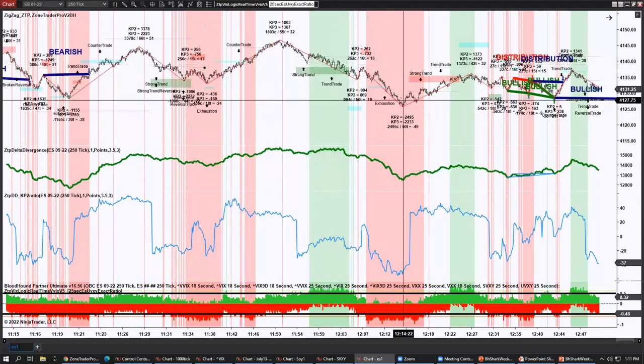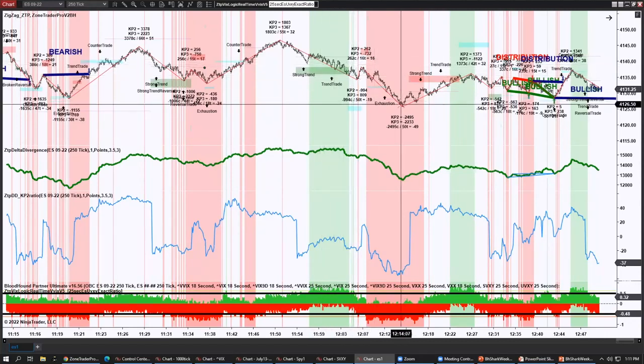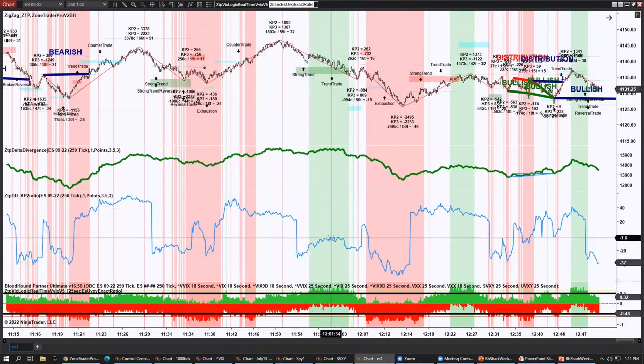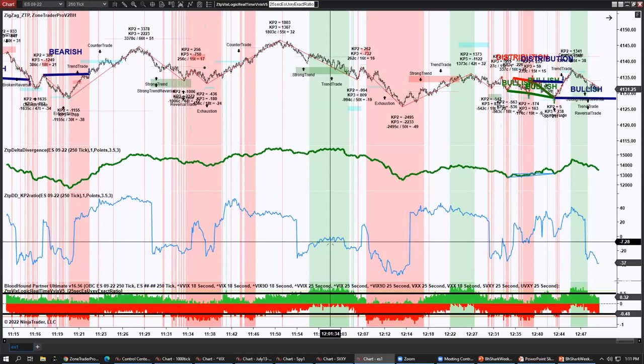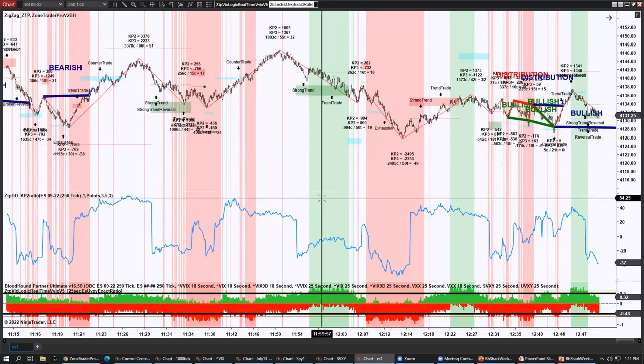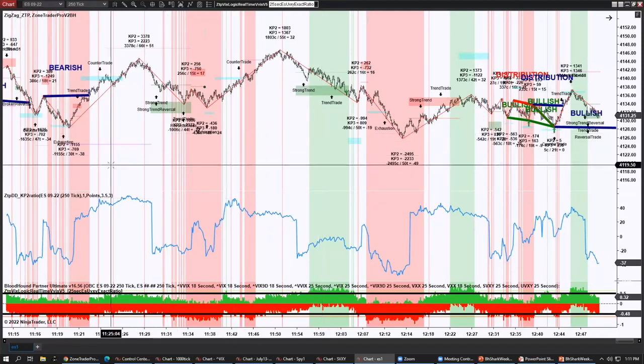Well, from here, we're going to go from 40 all the way down to 26, so about a 14-point sell-off. So we can see that in our ratio indicator right there, whereas we're not going to be able to see that with order flow. And again, this is why volume analysis to me is more important.